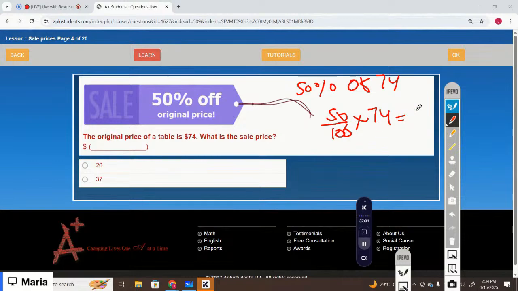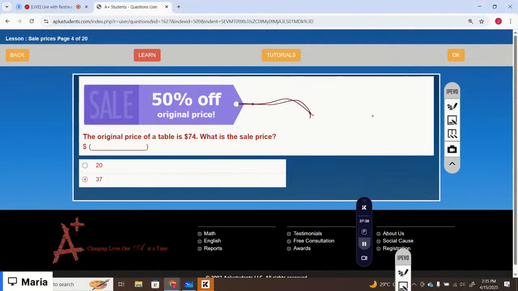That is $37, right? So now we need to calculate the sale price. The sale price is equal to the original price minus the discount. 74 minus 37 is $37. Option number 2 is the correct option.